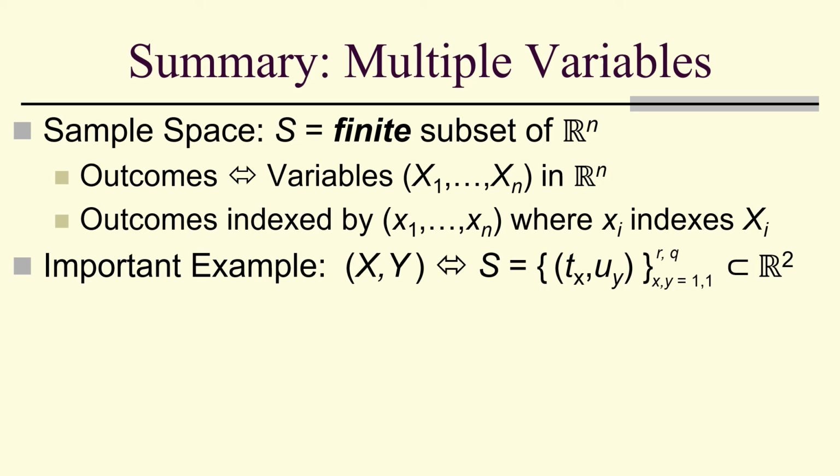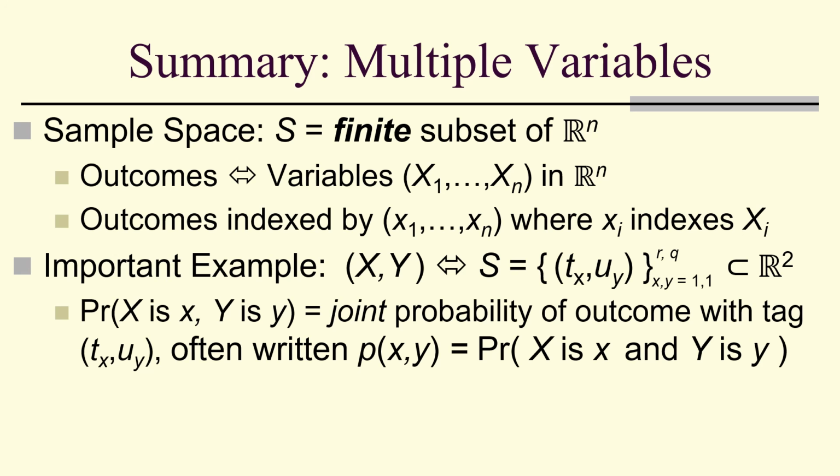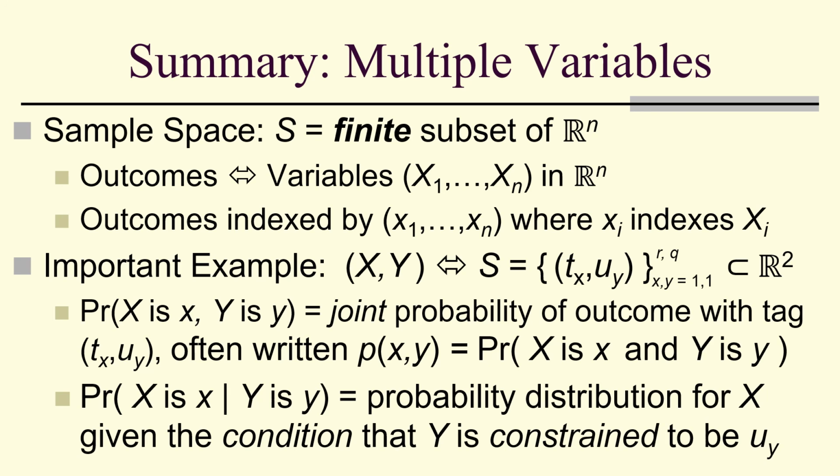Two variables was a very important example, and going forward would be important. Joint probability, probability that x is x and y is y, is often written P of xy. Conditional probability that x is x given y is y, that's a probability distribution for x where y is constrained to be u of y.